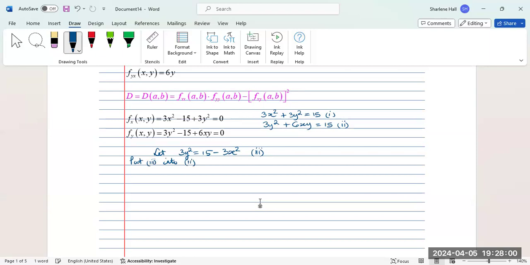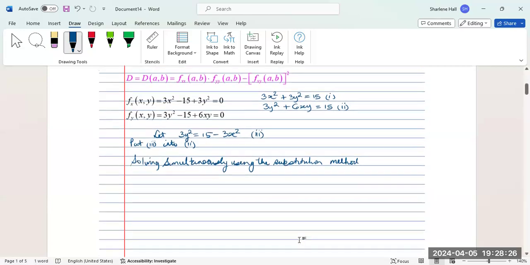This is my method of solving the simultaneous equations using the substitution method.